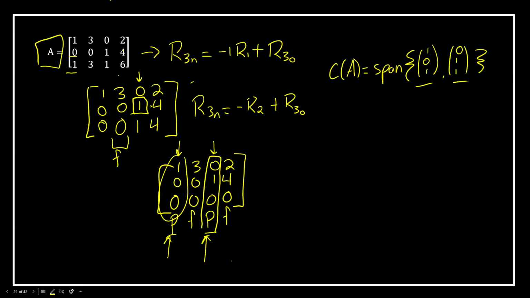All right, so we found our pivot columns and we found our free variables. So now we want to find the vectors of our null space. First off, the number of free variables tells us how many vectors we're going to have for our null space. Because we have 2 free variables, we're going to have 2 vectors for our null space. So I'm going to set up a matrix in order to find those.